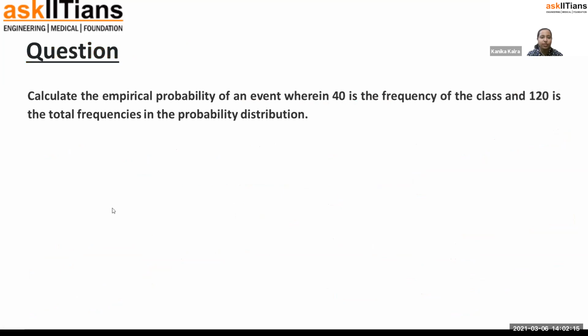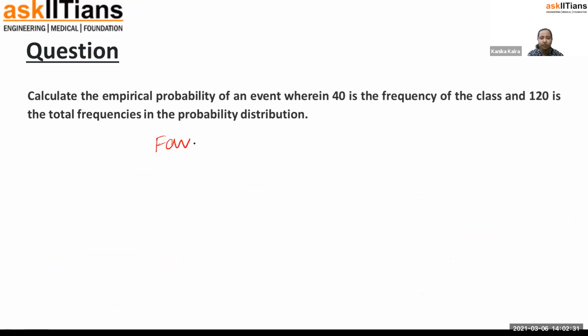Now let's look at this question. Calculate the empirical probability of an event wherein 40 is the frequency of the class and 120 is the total frequency in the probability distribution.